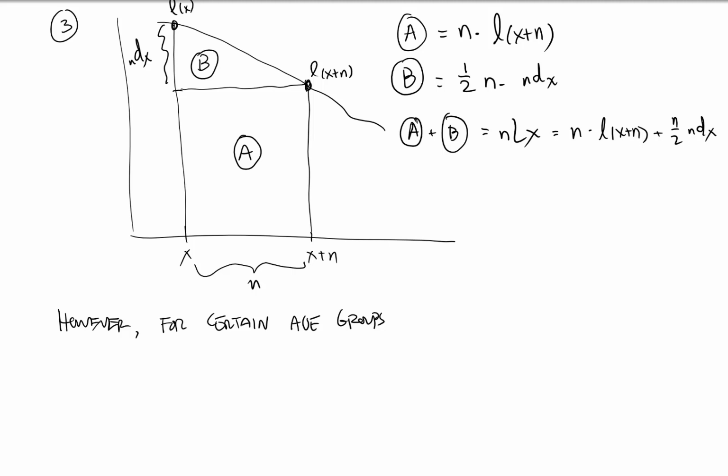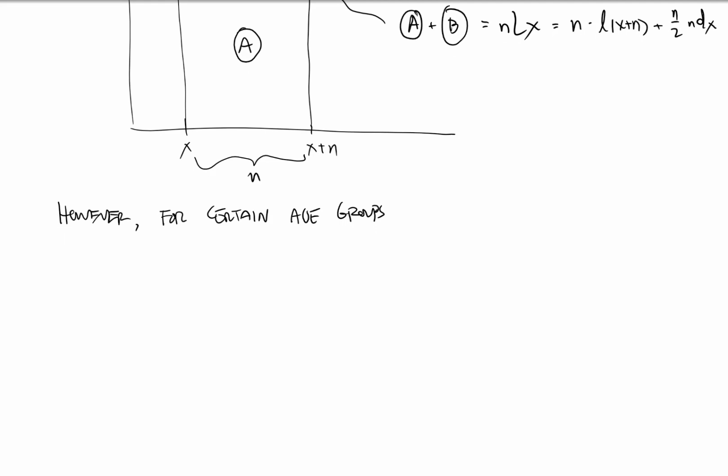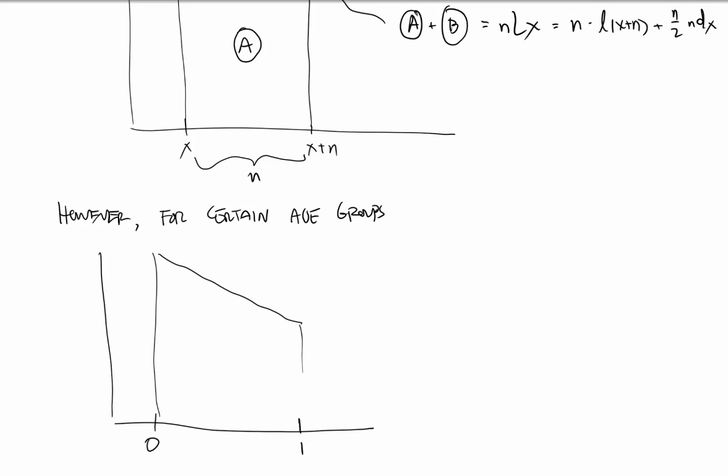People don't die uniformly in that group. Let's give an example of age. The very first year of life, it turns out that the L of x curve does not look straight. In fact, it looks sort of curved and concave like that.